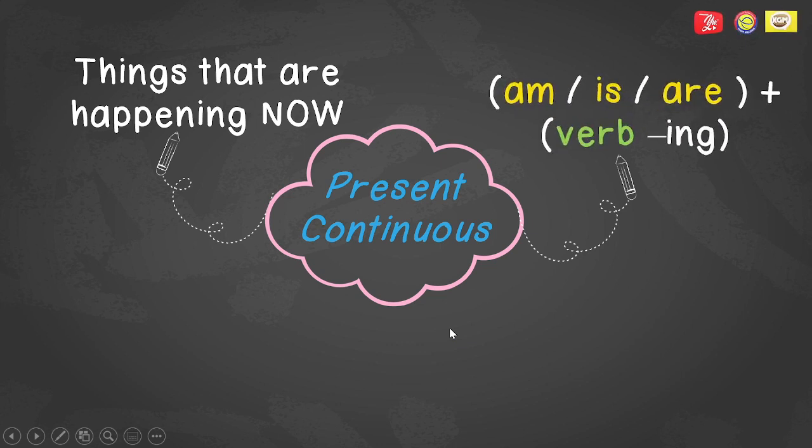And this is the formula. You need to have am, is, are followed by the verb atau kata kerja yang ada ing di belakang. Am, is, are also known as verbs to be. So formula dia wajib kena ada verb to be dan juga kata kerja yang ada ing di belakang.